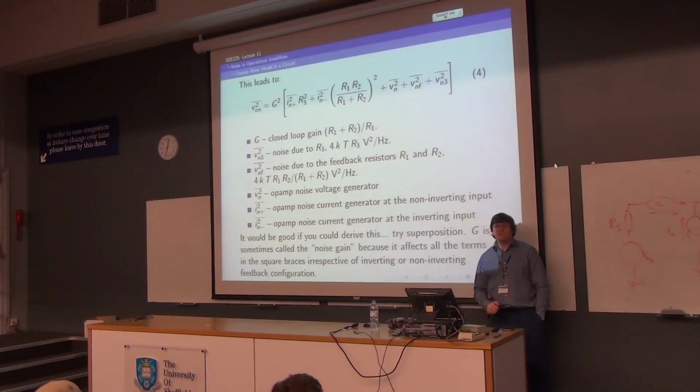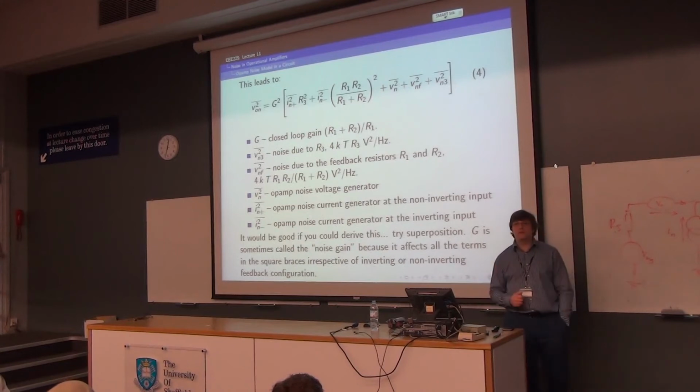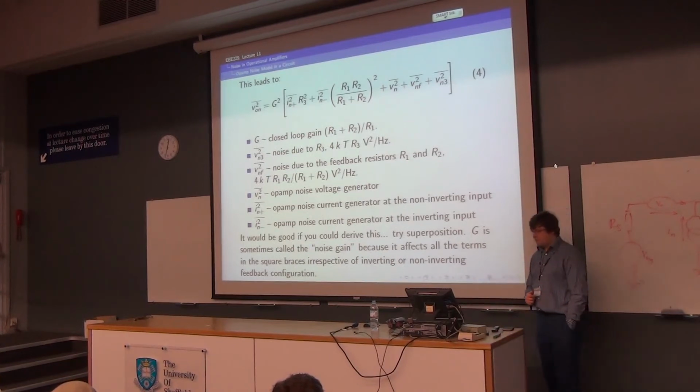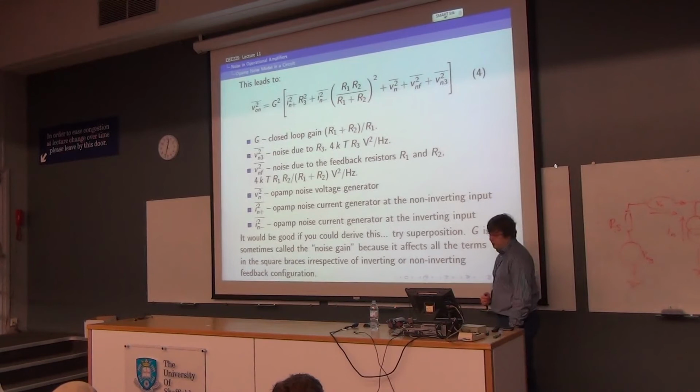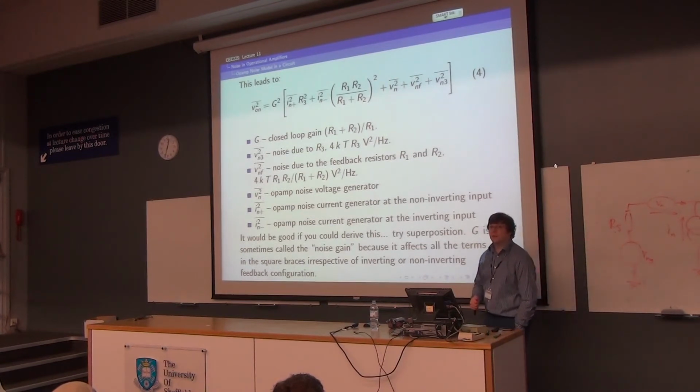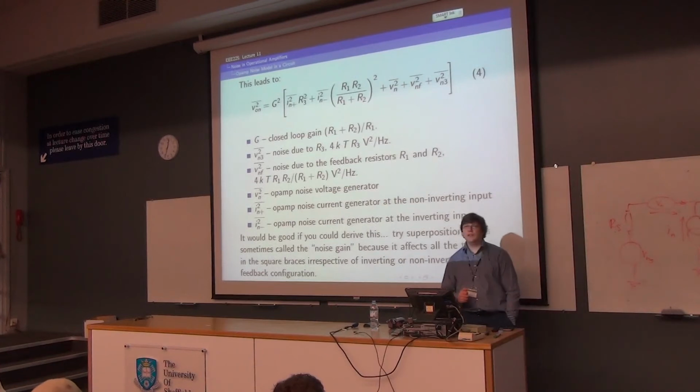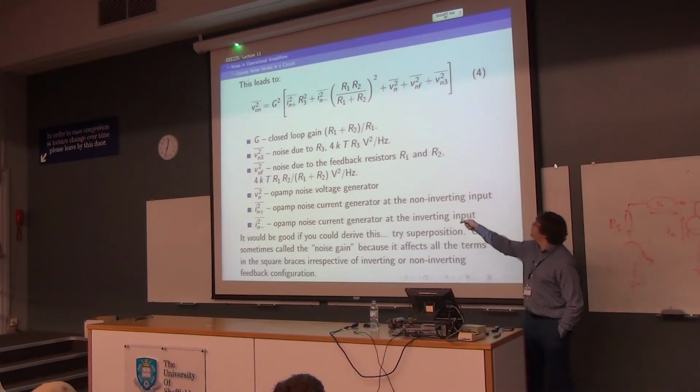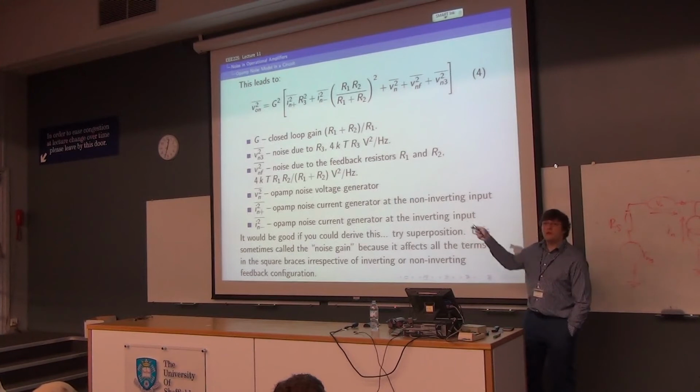If you did superposition on each one of those noise sources in turn, you would eventually arrive at equation 4, assuming you didn't make a mistake along the way, where G is the closed loop gain for a non-inverting amplifier. Even if you made an inverting amplifier, the gain that multiplies some of your noise terms will be the non-inverting gain.